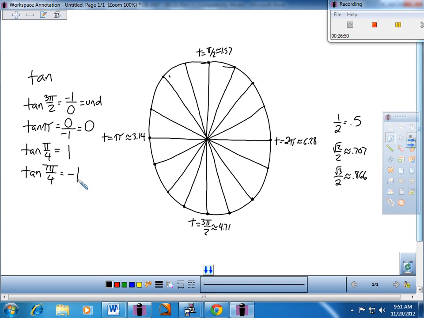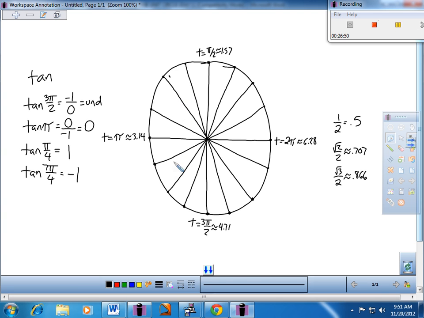So think about just where tangent is positive and negative, everyone, just as we go through, because you're going to divide x's and y's. First quadrant, both coordinates are positive. So divide them, tangent's going to be positive in the first quadrant. Second quadrant, x is negative, y is positive, so when I divide, tangent's actually negative.